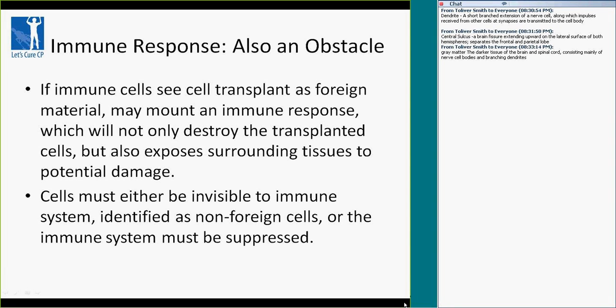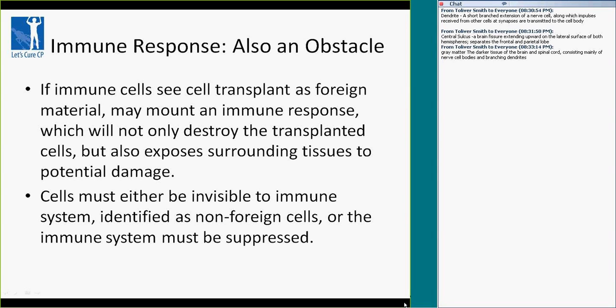The immune response, of course, is also an obstacle when you're dealing with cell transplants. If the immune cells in the body see a transplant as being foreign, it may attack, it may form an immune response. It'll destroy the transplanted cells, and also you'll get a more profound inflammatory response, and that can destroy the surrounding tissue. So we've got to be very, very careful that whatever we do, we don't create a worse immune response than we started with.